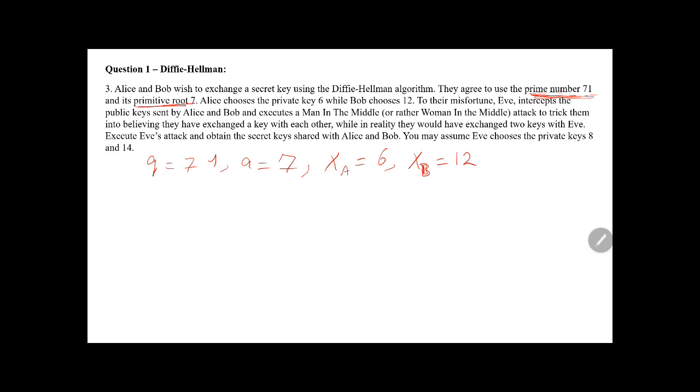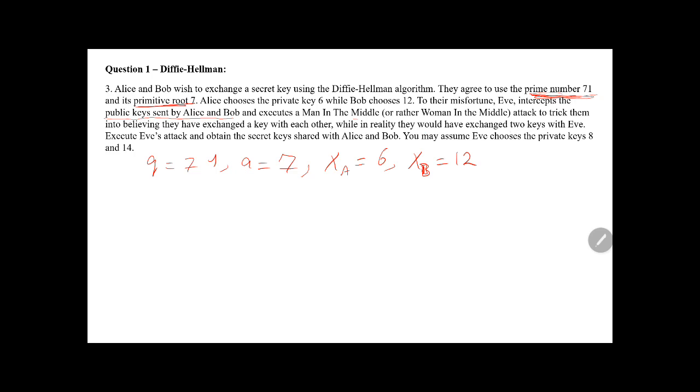To their misfortune, Eve intercepts the public keys sent by Alice and Bob and executes a man-in-the-middle attack, or rather woman-in-the-middle, to trick them into believing they have exchanged a key with each other, while in reality they would have exchanged two keys with Eve.